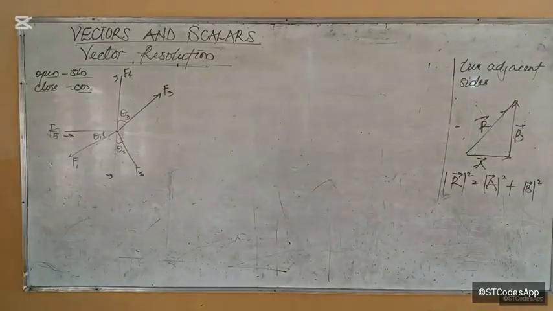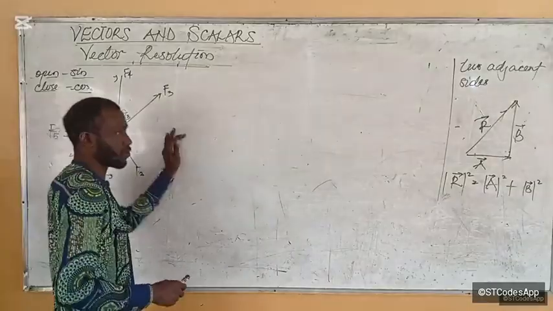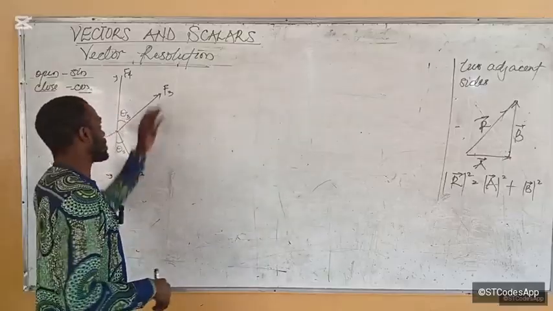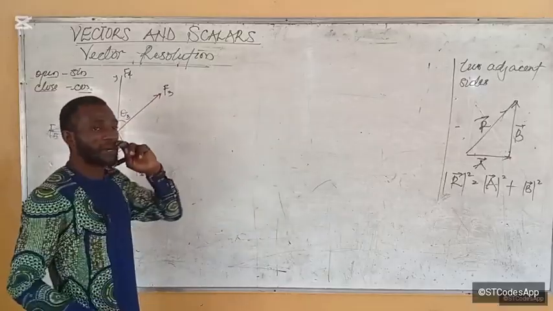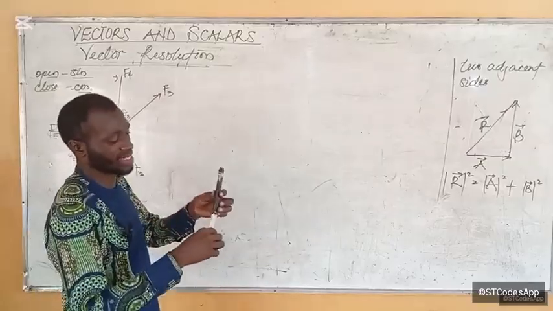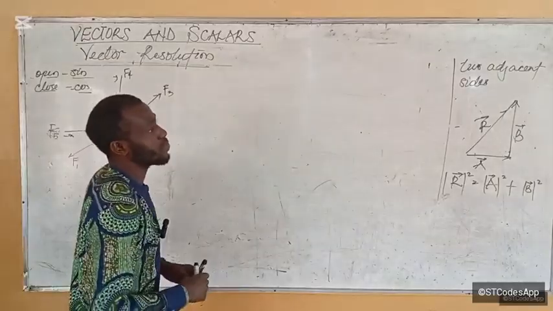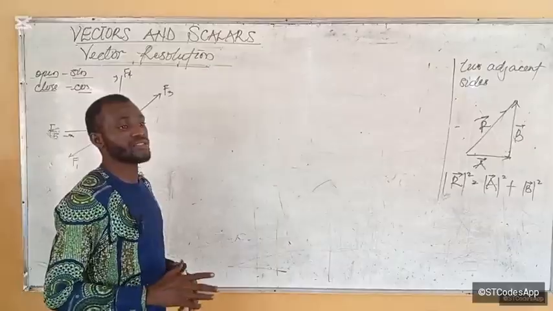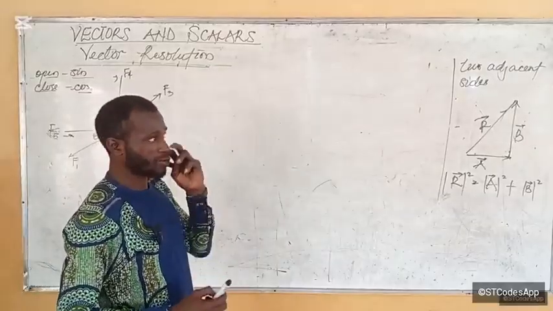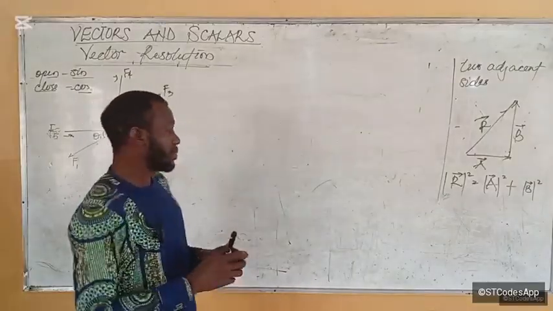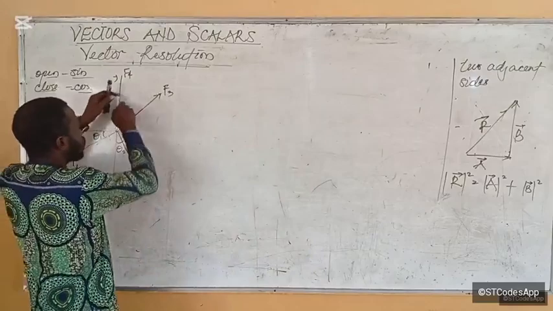So if we want to add up all of these forces, we cannot just say this plus this plus this, because they are not perfectly on the x-axis or perfectly on the y-axis. So we have to sum up all the forces in a way that is vectorial. So how do we do that? These forces are acting at angles, right?